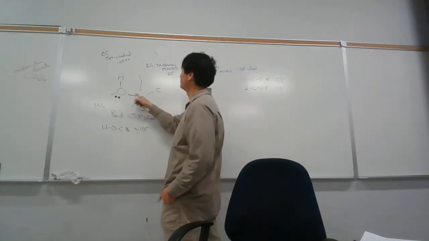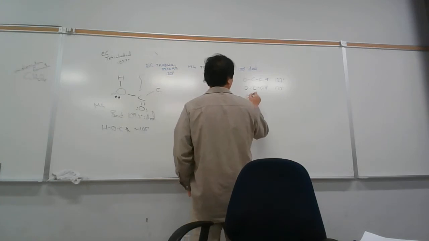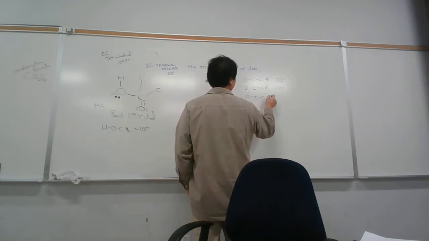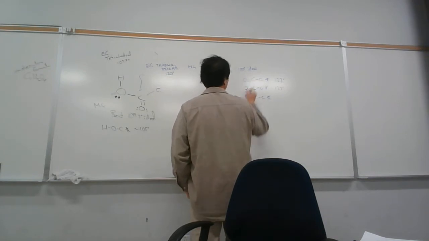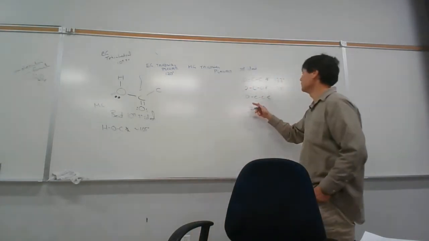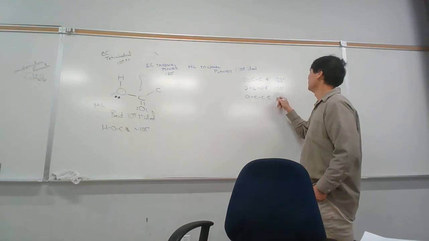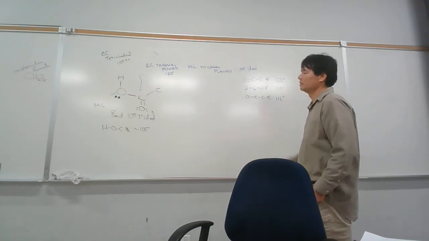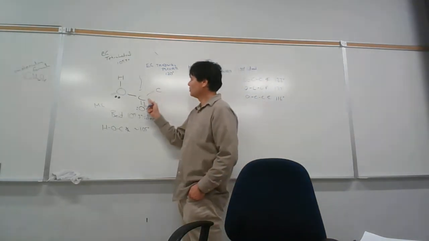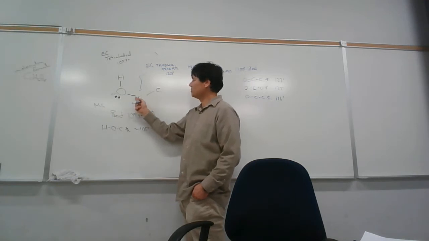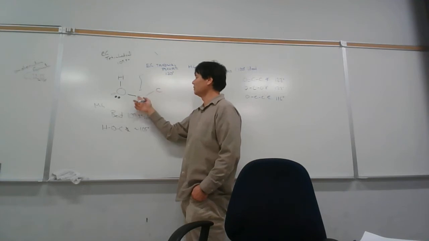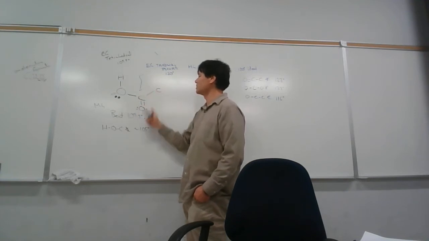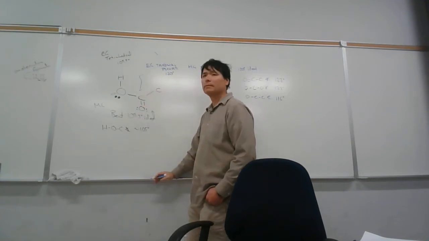And then the OCC angle, this would be the double bond O here. This would be the single bonded O. Should be about 116 degrees. So this one widens out to 122. This one widens out to 122. All these angles have to add up to 360 because they're in a plane. And so this has got to go down to 116. Do you see the angles there?